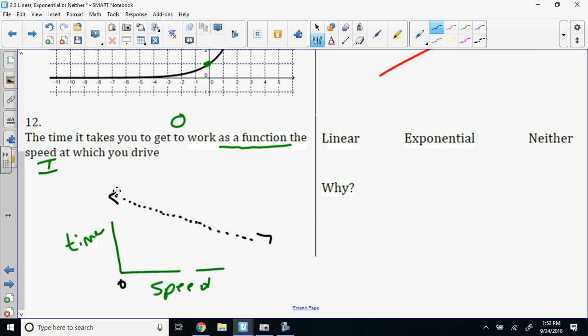Listen, if you have a problem hearing me, you need to go have your ears checked. Think about what? Stop. The time it takes you to get to work as a function of the speed at which you drive. It doesn't say speeds. It says speed, singular.